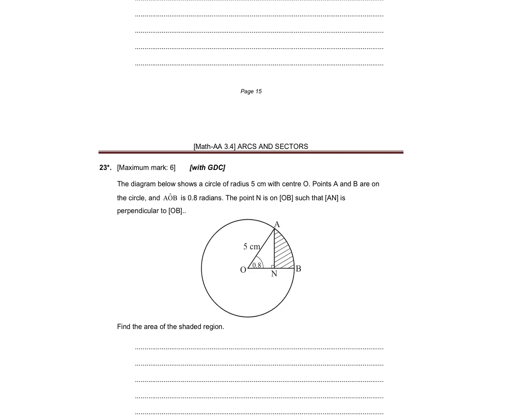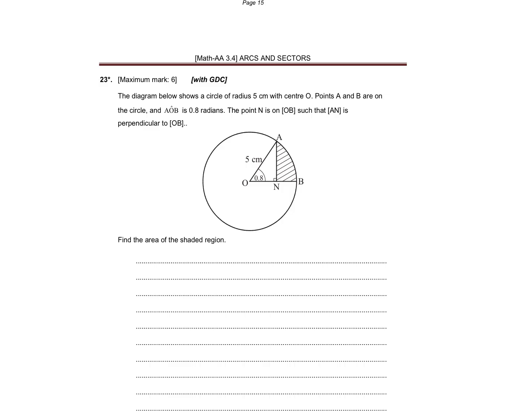Okay, 23. The diagram below shows a circle of radius 5 centimeters. Okay, and points A and B are on the circle. AOB is point A, N is on OB such that AN is perpendicular. Find the area of the shaded region.